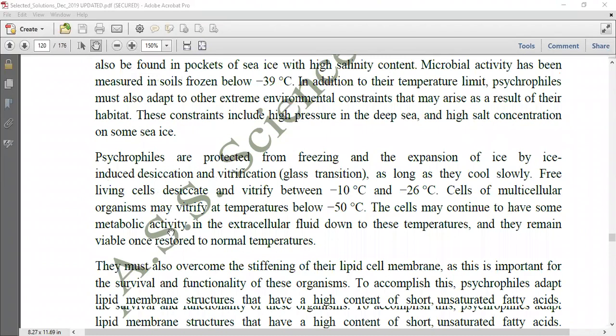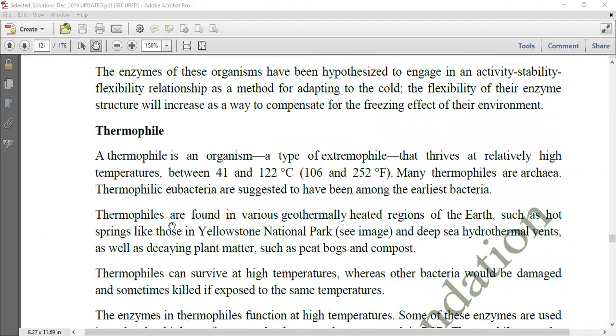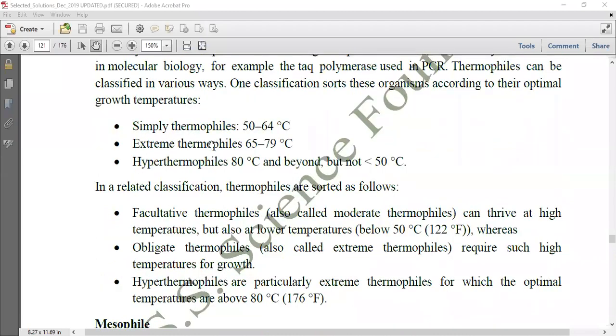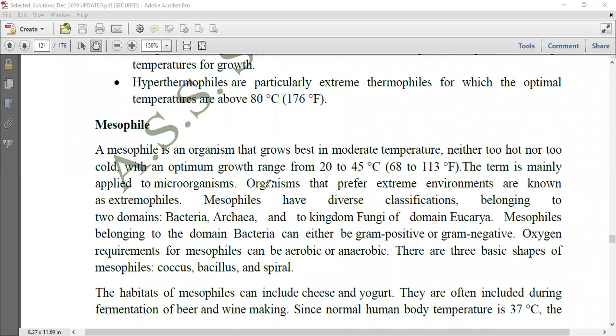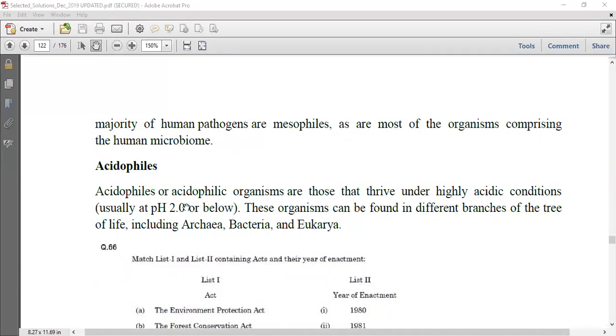Psychrophiles, as I told you, live at low temperature. Then we have thermophiles at high temperature, then extreme thermophiles and hyperthermophiles, then mesophiles, in between, ranging from 20 to 45. Then we have acidophiles, which live at pH less than 2.